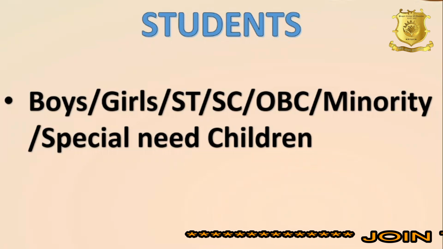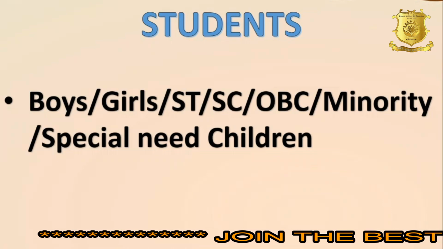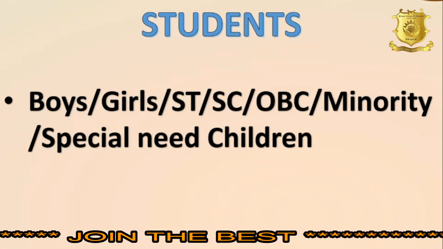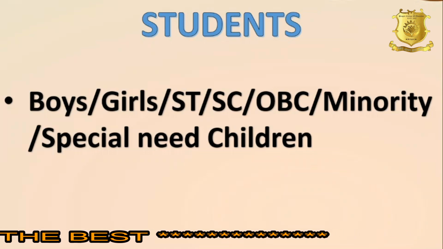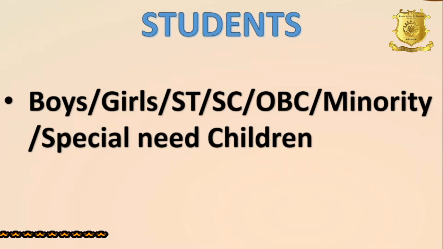Okay, so now students in a school. When students are enrolled in a school, the school must provide them with a proper timetable, mentioning their different activities at school, their sports, games, etc. They must be given proper written work, assignments and projects, and they must be made aware of the criteria for assessment and conditions for promotion.